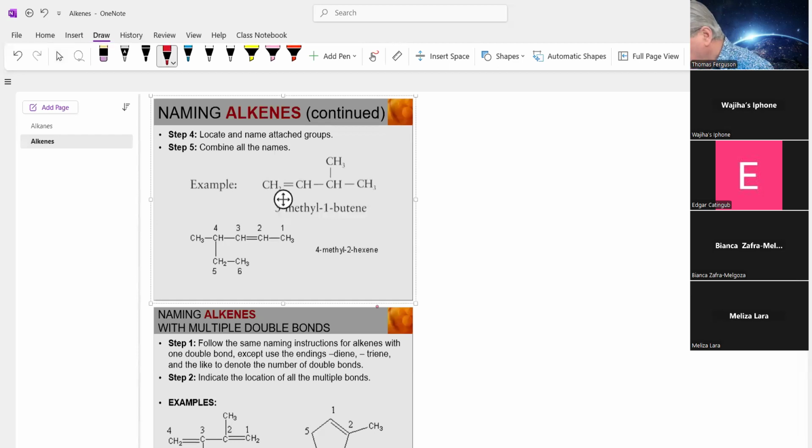Okay, so we need to name it now. Like always, we start with the longest chain that contains a functional group. In this case, the functional group is a double bond.